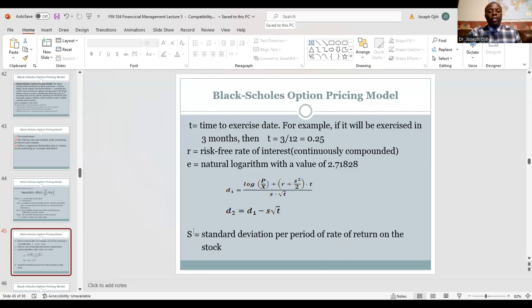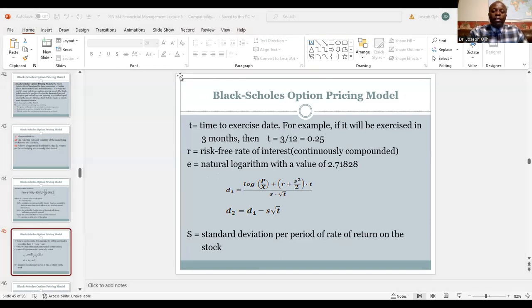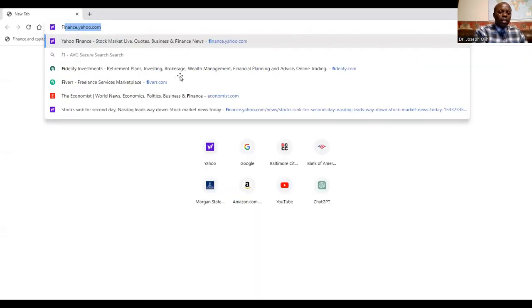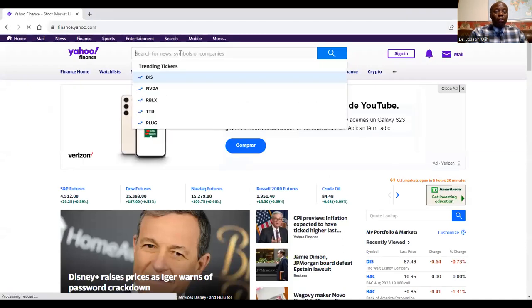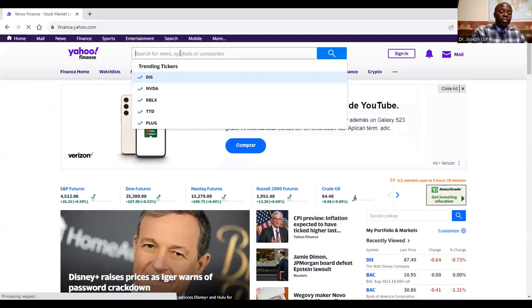The next thing we look at is the standard deviation, which represents the standard deviation of the returns. You can calculate the returns of the underlying asset by going to Yahoo Finance. For example, let's say the stock we are using is Disney stock, or we can even use Nvidia stock.